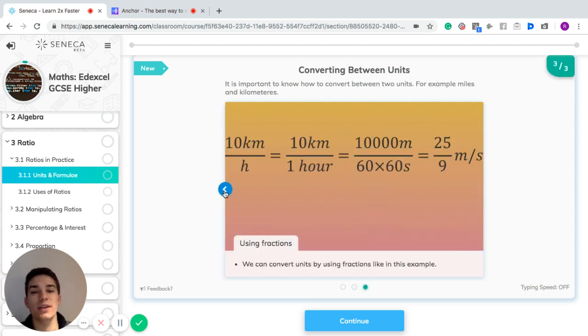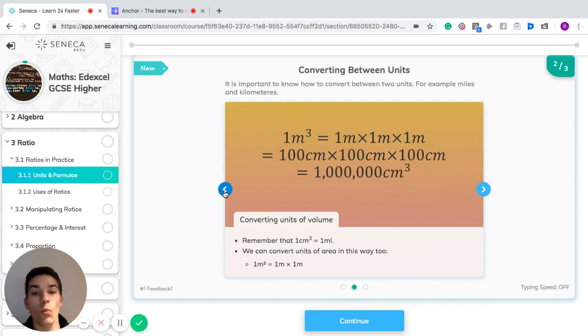But we need to be a little bit careful when we have numbers that aren't 1. So 1 million cubic centimeters is 100 centimeters by 100 centimeters by 100 centimeters. You know that because 100 times 100 times 100 will give us 1 million.